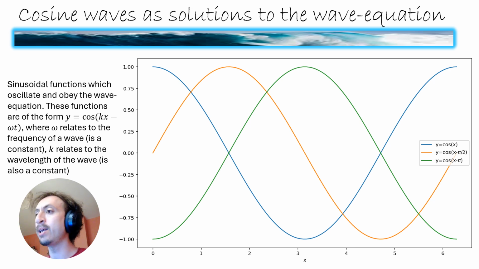We can see this if we look at these curves, where x is essentially given in radians. So this isn't using degrees. This is using radians, where 2 pi radians is equivalent to 360 degrees.